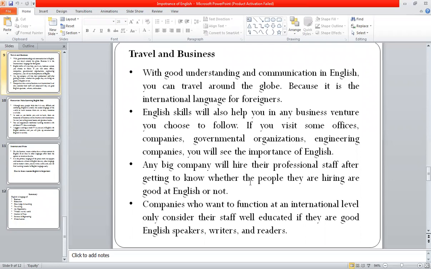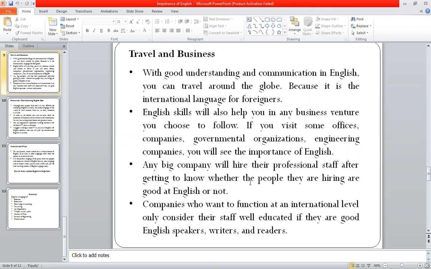The next one is, companies who want to function at an international level only consider their staff well educated if they are good English speakers, writers, and readers. Those are the companies who want to function at an international level, like TCS, Wipro, Infosys.